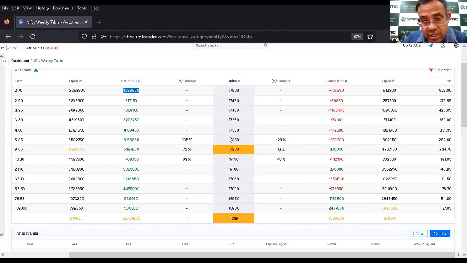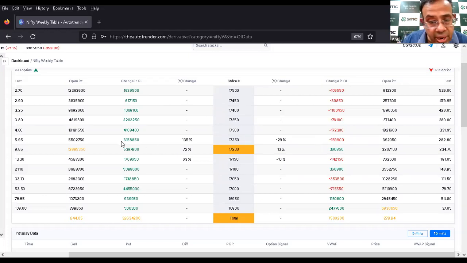Like you can see at 17,250, roundabout 1,59,900 contracts were closed today. Whatever little open interest was there in the 17,250 put option, now it is a negative figure to the tune of 1,59,900.